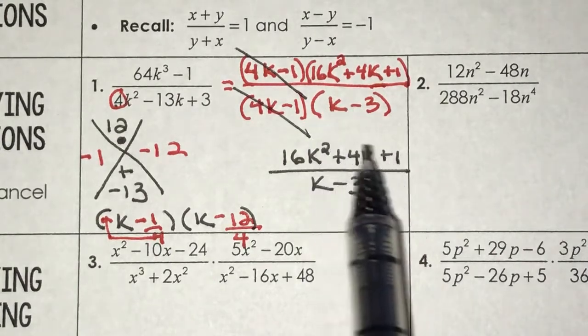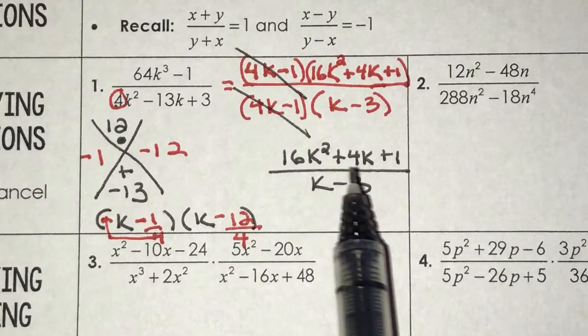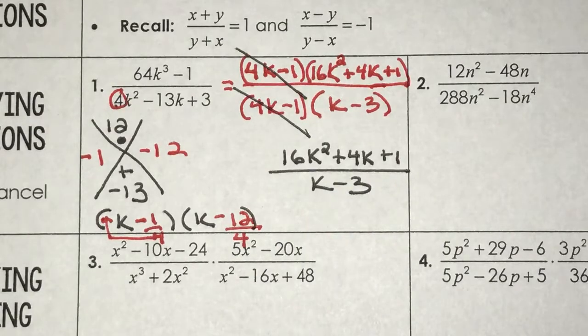If you could factor the numerator, you would, but there's no factors of 16 that add up to 4. So that is as far as you can go. Okay, and then number 2.